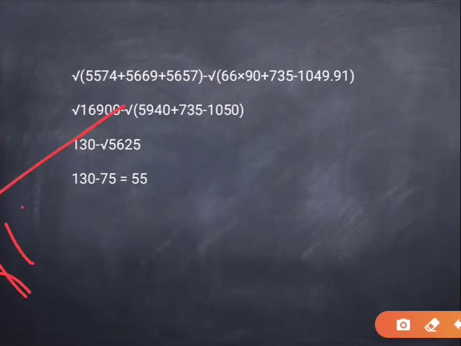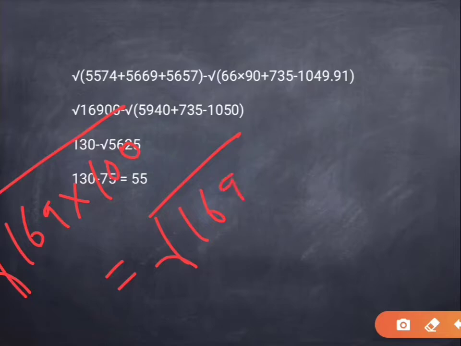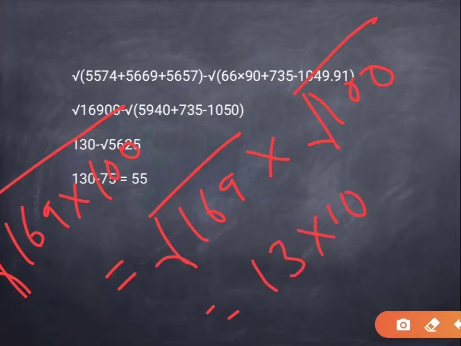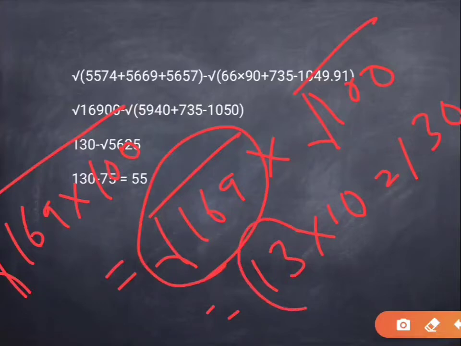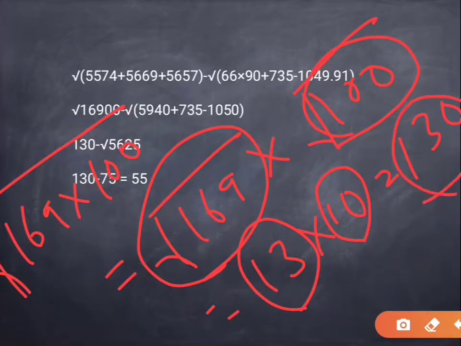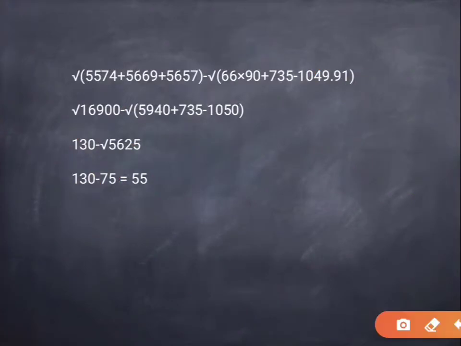Root AB is equal to root A into root B. Similarly, root 169 into 100 is equal to root 169 into root 100, which is equal to 13 into 10 is equal to 130. What is the square root of 169? 13. And what is the square root of 100? 10. So we have the square root of 16,900 as 130.